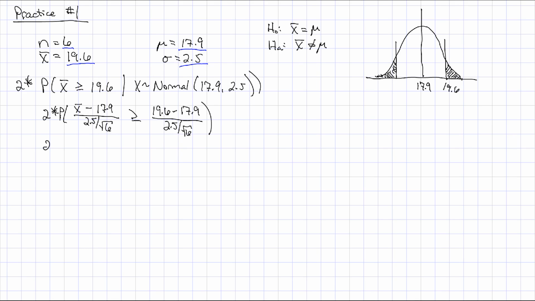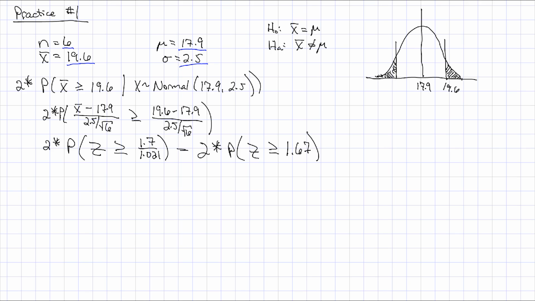This gives me 2 times our p-value of z greater than or equal to 1.7 divided by 1.021. So I've rounded, which then gives us z greater than or equal to 1.67.